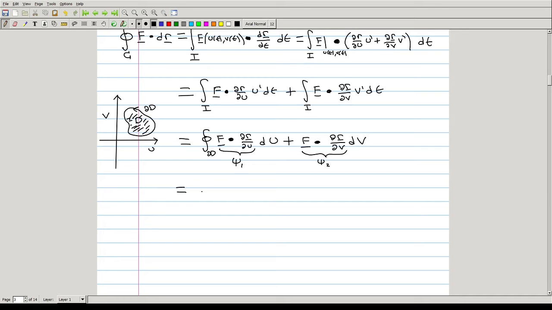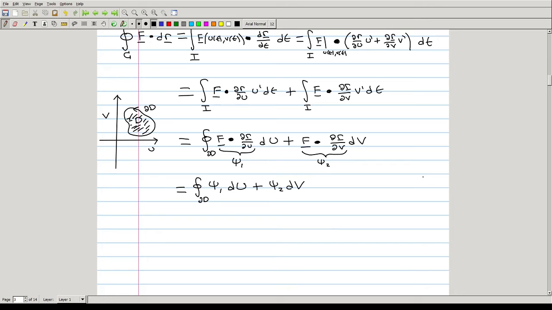This is the same thing as saying take the closed line integral over the boundary of D of phi1 du plus phi2 dv. They're both functions of u and v, but they depend on u and v through the parameterization and also through the vector field f.